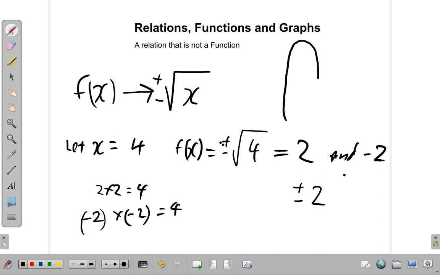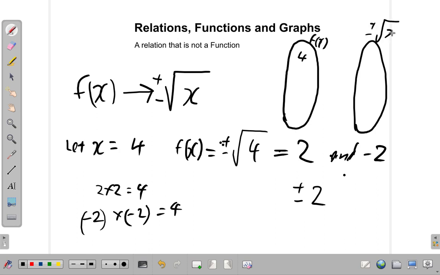Let us start putting our values in our arrow diagram. We have 4. This is our f of x. And plus or minus the square root of x. The square root of 4, let us say, of 0, 1, 2.